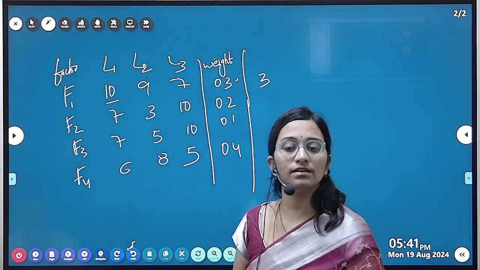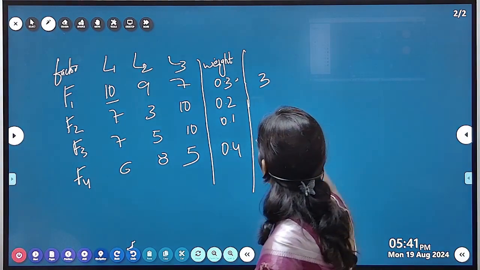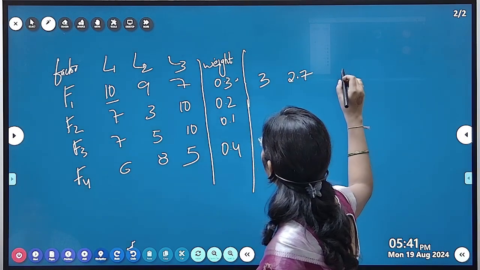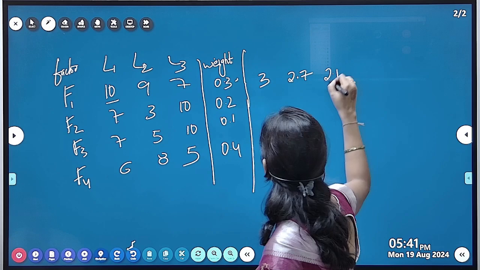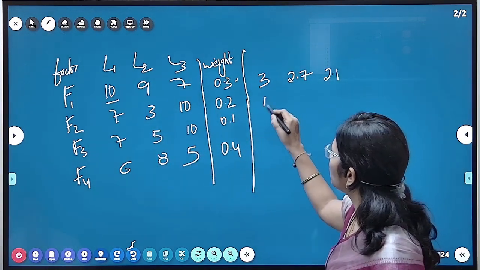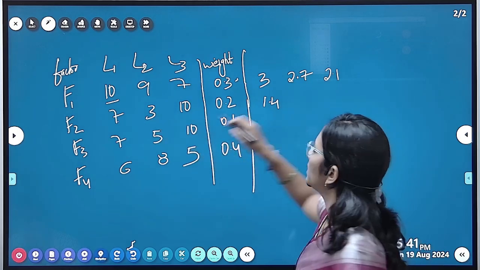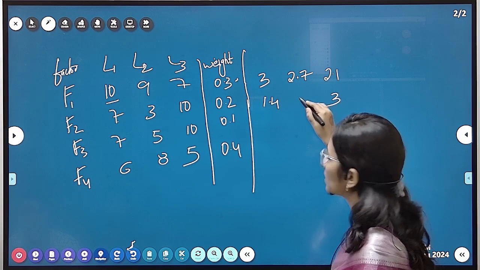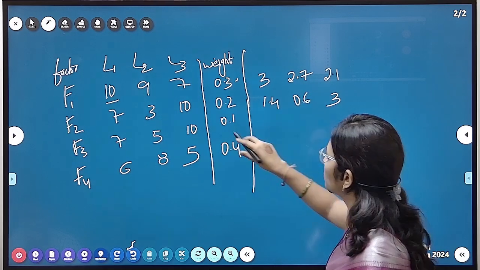You don't have calci. 2.7. Next, 0.3 into 7. 2.1. Next, 0.2 into 7. 1.4. Next, tell me 0.2 into 3. 0.6. Next, 0.1 into 7.